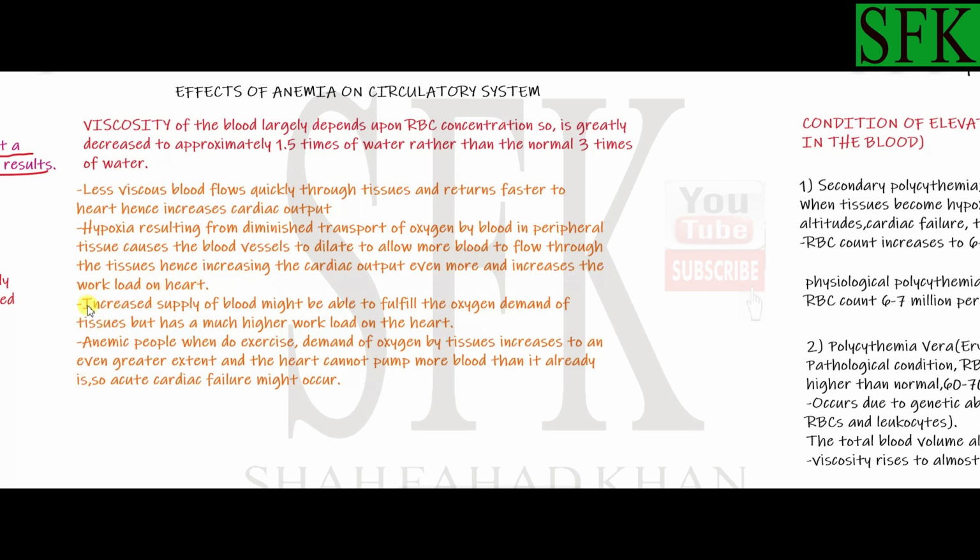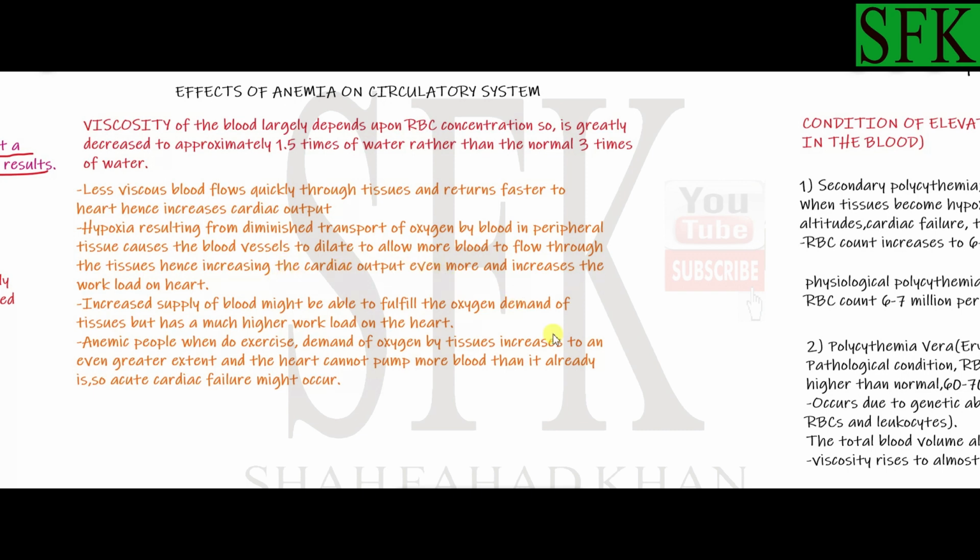We'll talk about that. Increased supply of blood might be able to fulfill this oxygen demand, because since there is diminished supply of oxygen to the peripheral tissues, the blood vessels dilate themselves and allow more volume of blood to be transported to the peripheral tissues.